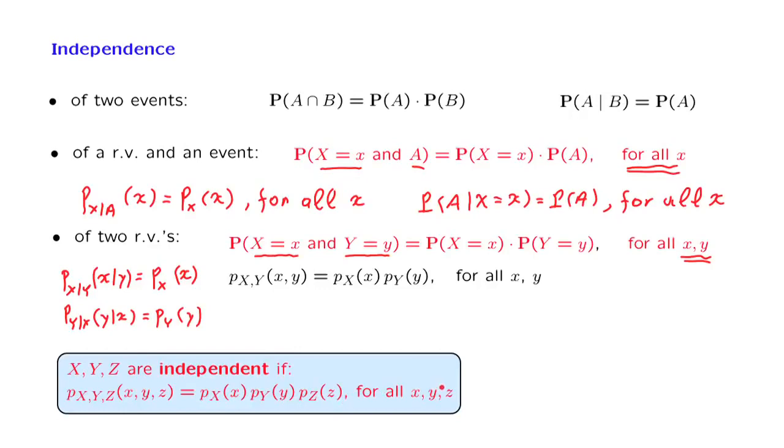What is the intuitive interpretation of independence here? It means that information about some of the random variables will not change your beliefs, the probabilities, about the remaining random variables. Any conditional probabilities and any conditional PMFs will be the same as the unconditional ones.